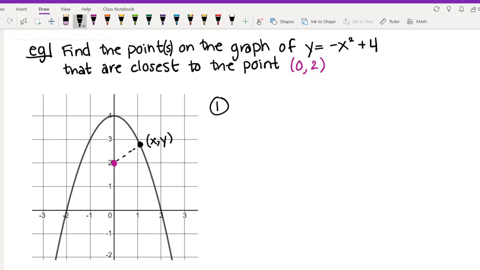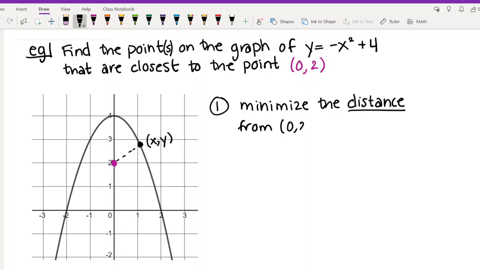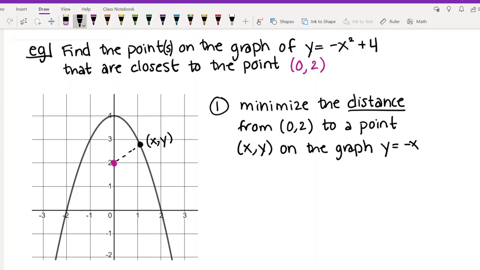So we're trying to minimize the distance from the point 0, 2 to a point x, y on the graph of y is equal to negative x squared plus 4.